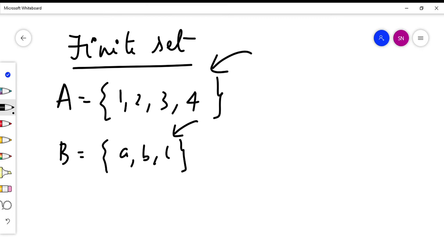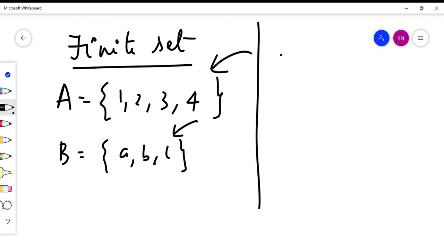With these two examples, I think it is pretty clear what a finite set is. A finite set is any set in which elements can be counted.